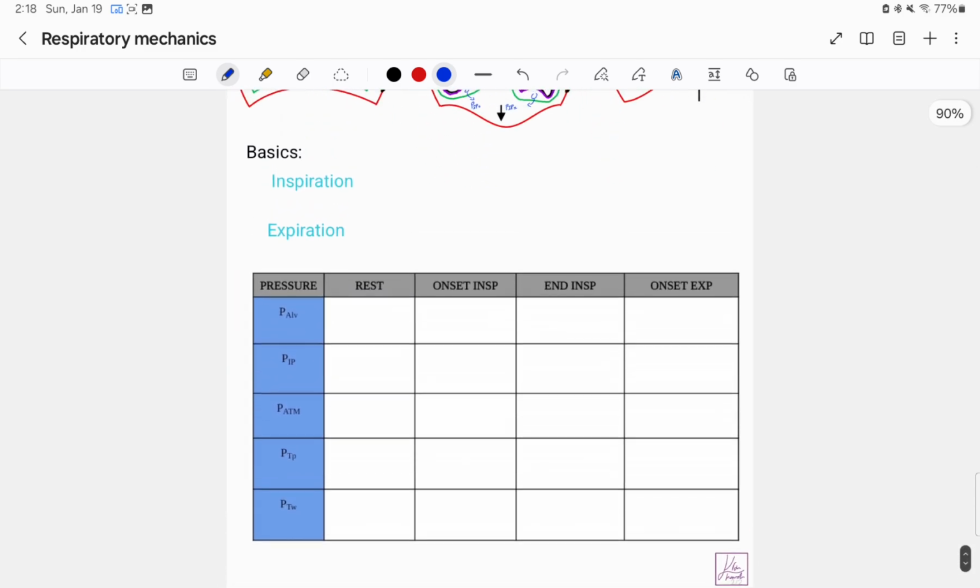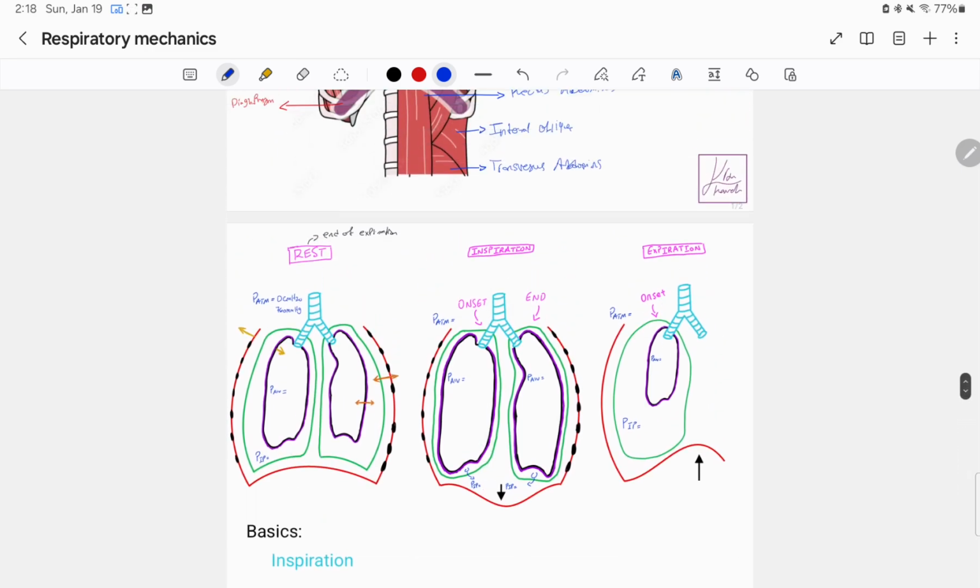So let's write it down here. At rest, 0 centimeters of water and 760 millimeters of mercury. Awesome. Cool.